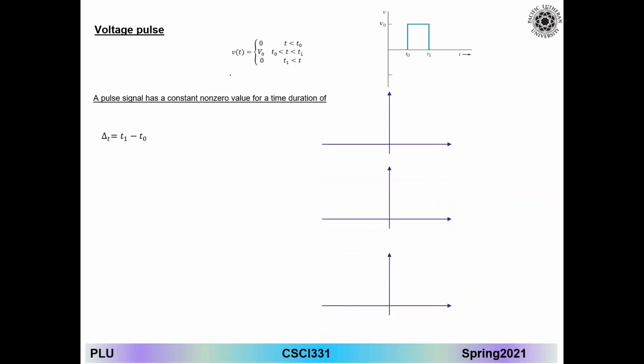Just to make it easy for you, let's assume t1, this is my large pulse, t1 equal 4, and t0, let's assume it is 2, just to make the numerical one easy to imagine.